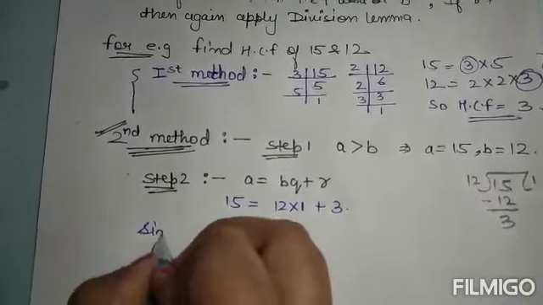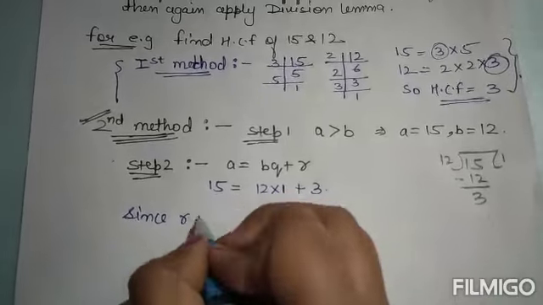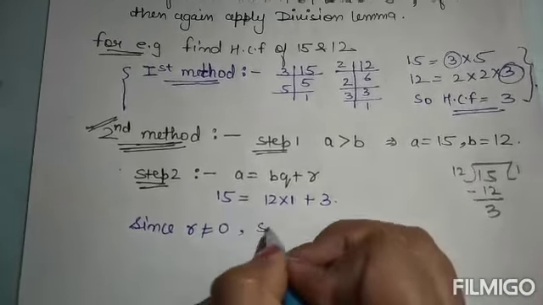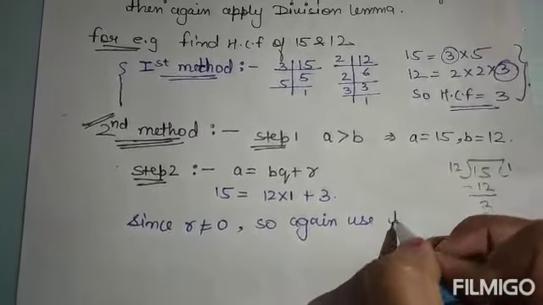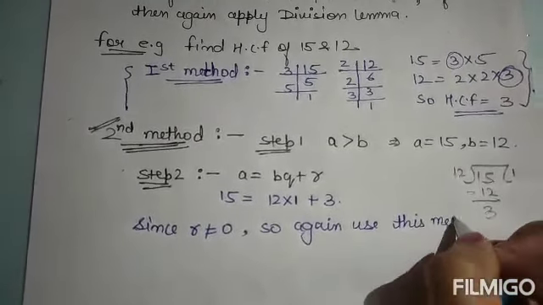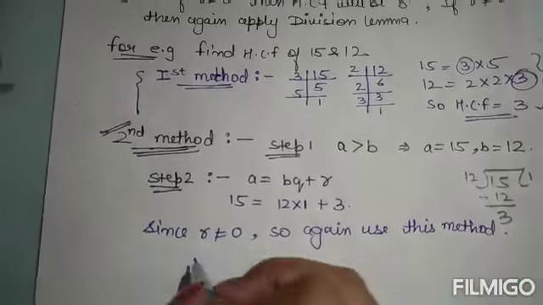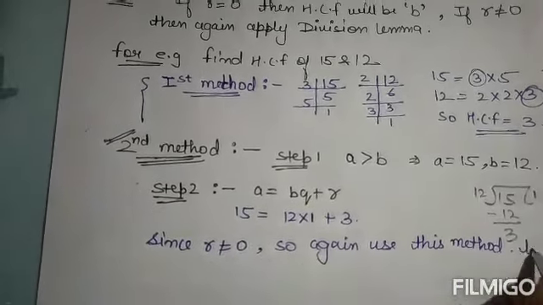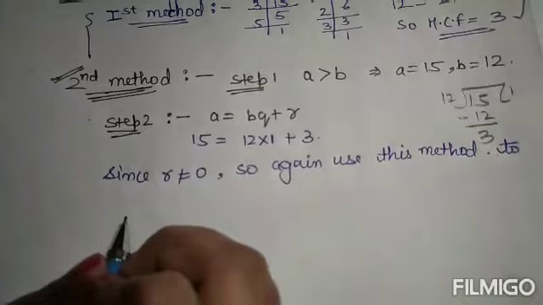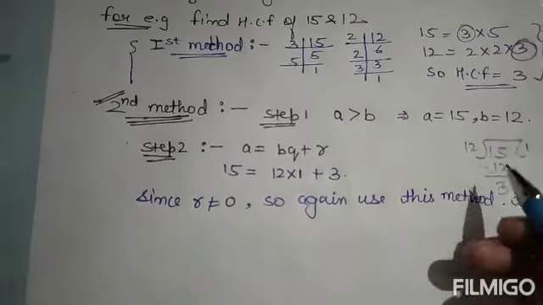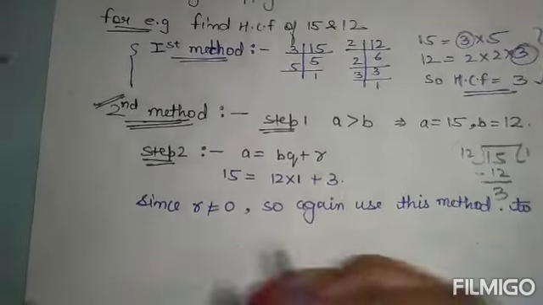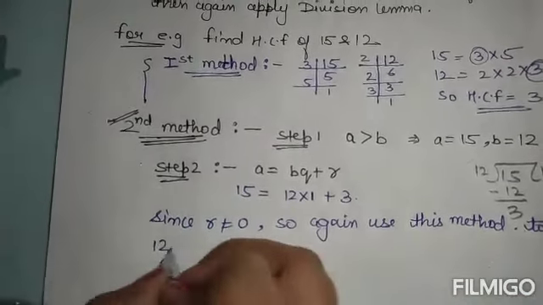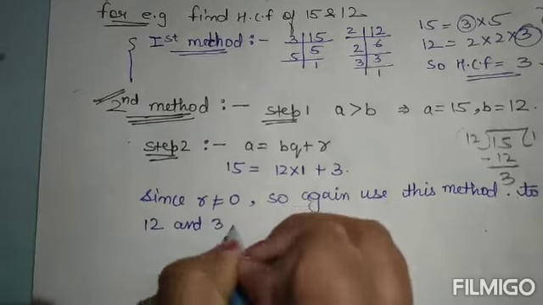Since the remainder is not 0, again use this method. To whom do we have to apply this method? To the remaining quotient and the divisor. To 12 and 3.